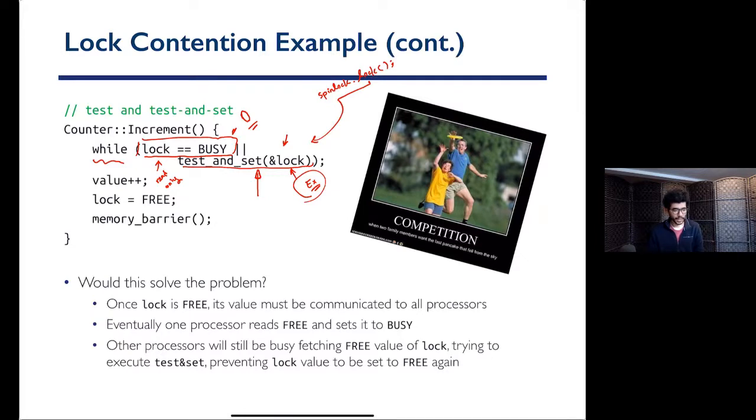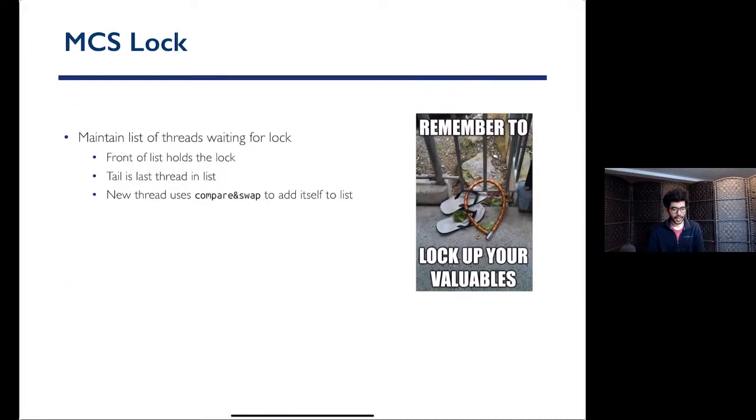So it's kind of just pointless to have this. This is a segue to do better. So let's do better. Instead of making them compete with each other, what we could do is make them wait on different flags.